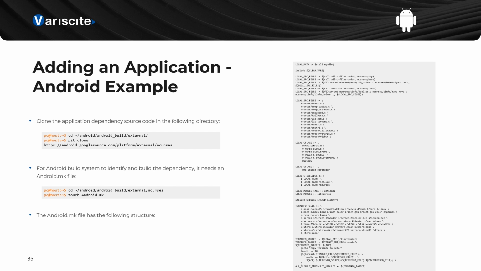The htop application depends on the ncurses library. Android does not include the ncurses library natively, so you also need to add it manually. The process is very similar to adding an application. You're going to need to clone the source code, create an Android.mk file, and fill the Android.mk file.